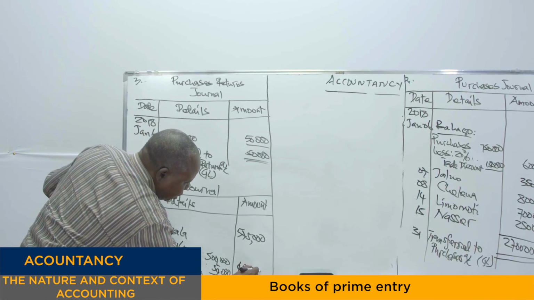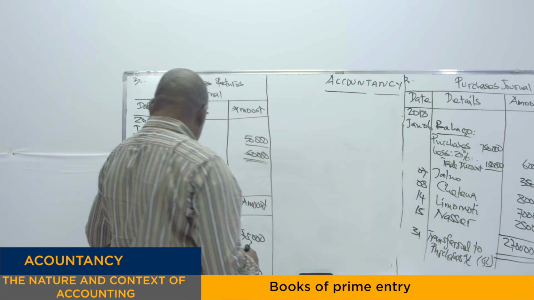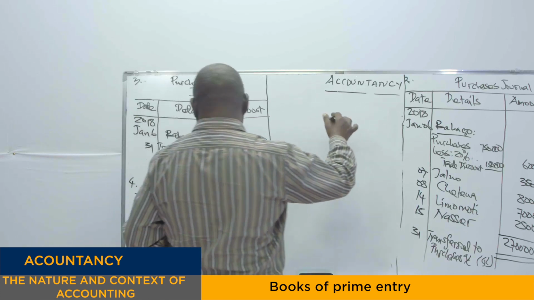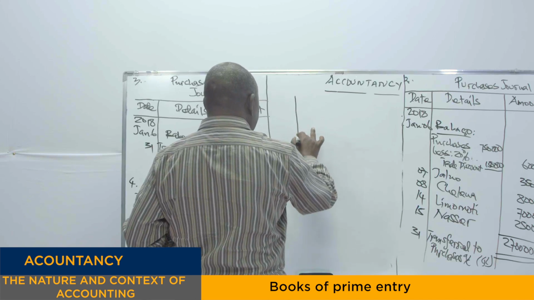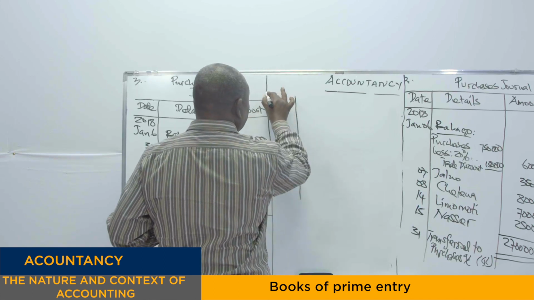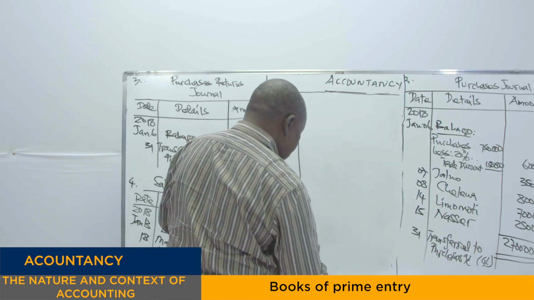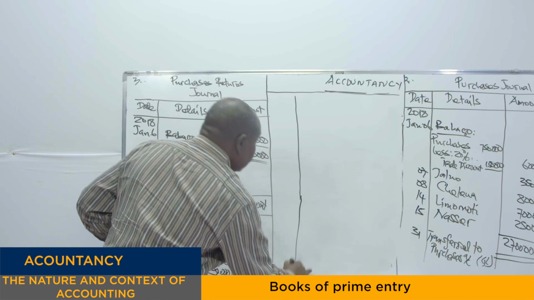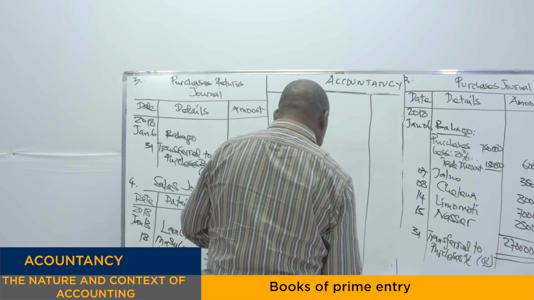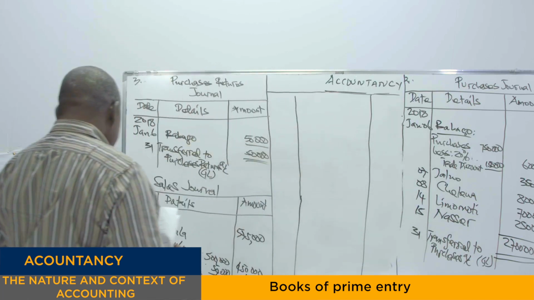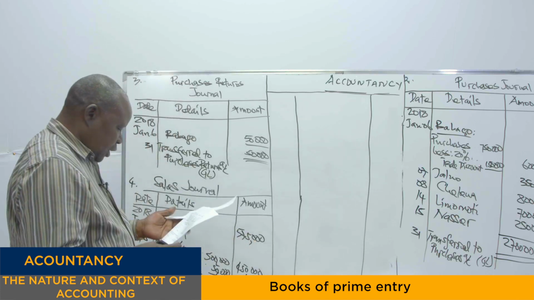So we still have other debtors. So we proceed here. This is the debit column, a continuation. So that is on 18th.